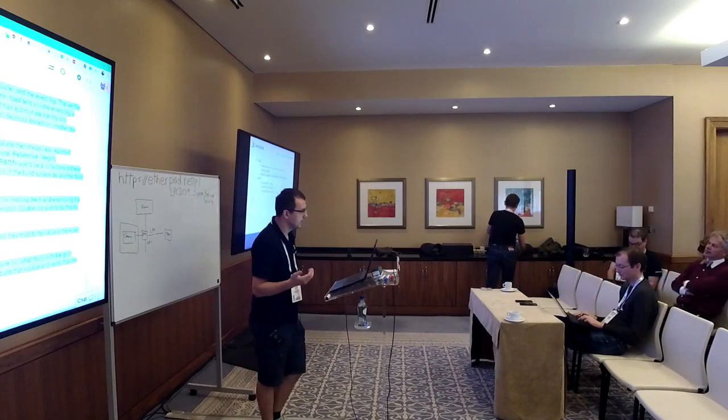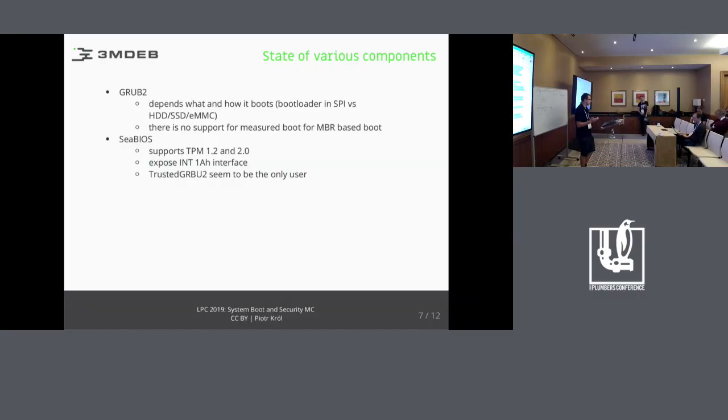In the case of GRUB as a bootloader, it depends on how and what we boot. It is possible to put GRUB into coreboot as a payload, so that way it's verified during the firmware verification phase. But still, from GRUB we have to jump to something. If we have a kind of legacy system which relies on MBR, then there is no support, because GRUB will not install this interrupt handler, and there is no other way.